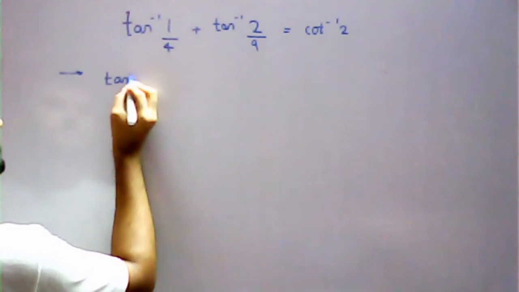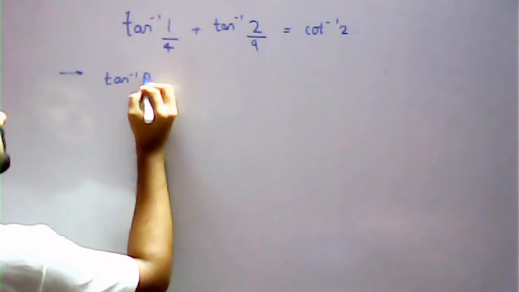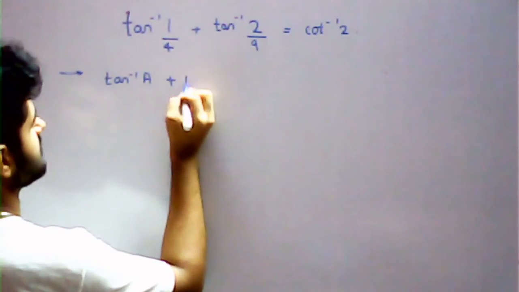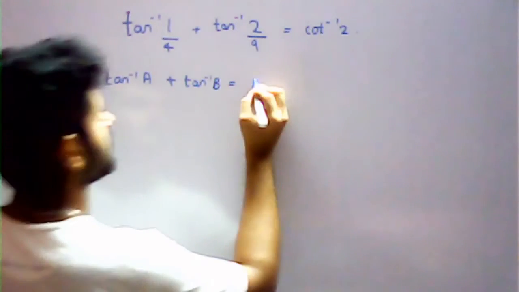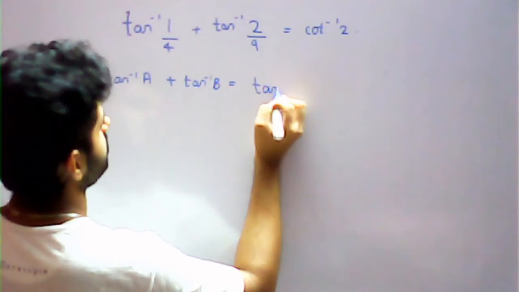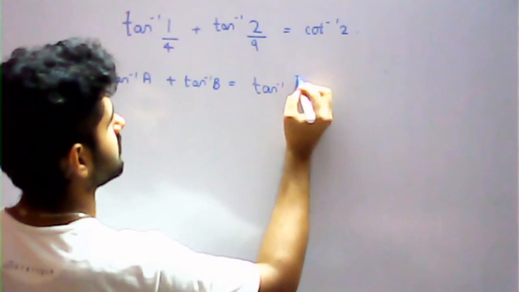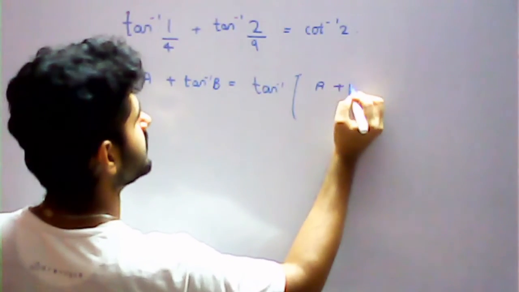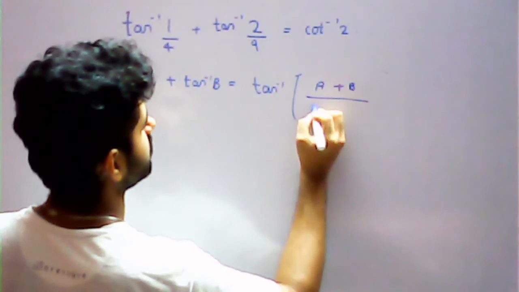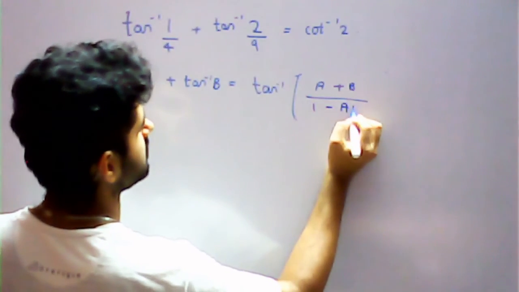Tan inverse A plus tan inverse B is equal to tan inverse in bracket A plus B upon 1 minus AB.